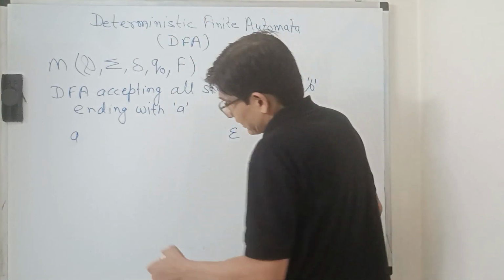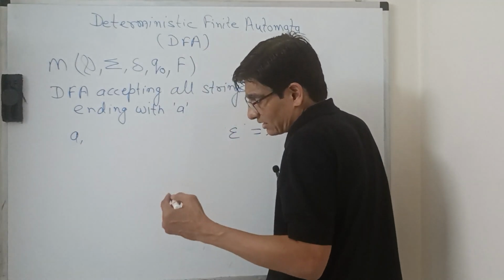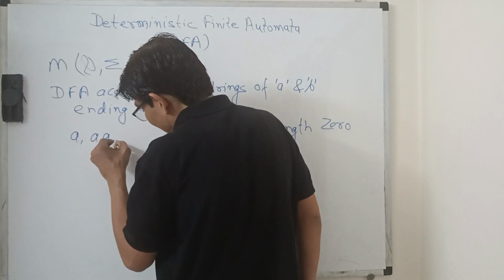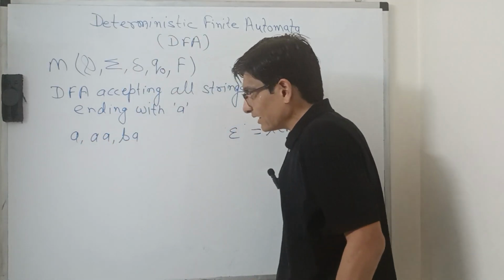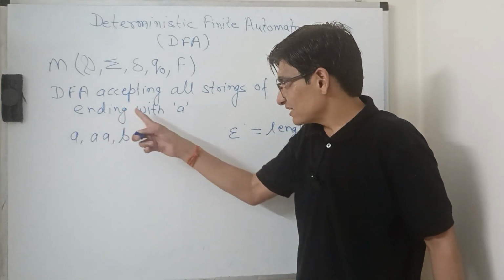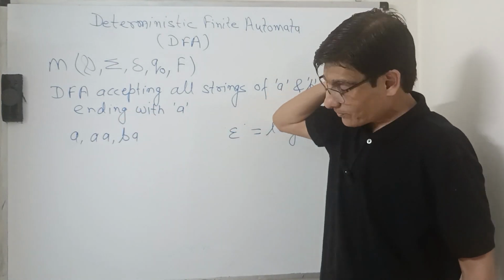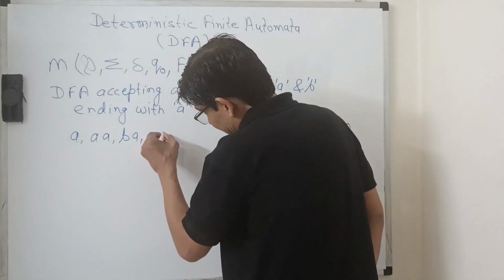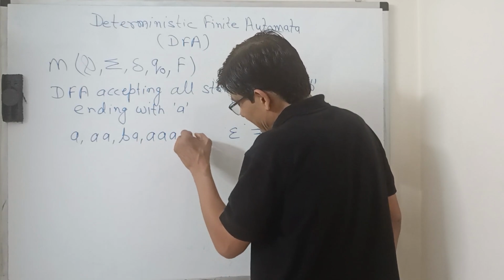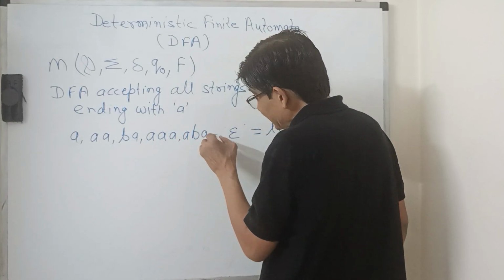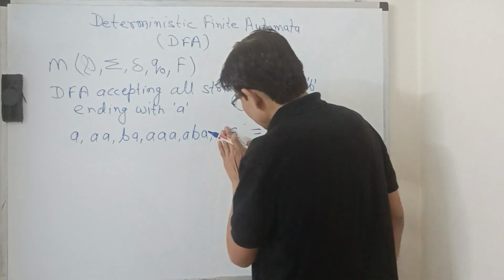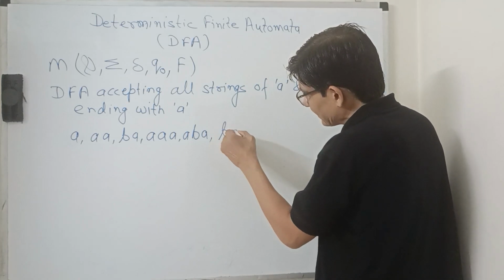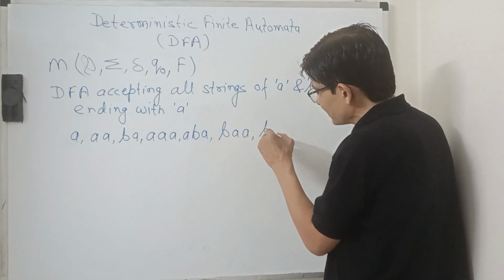Now, for strings with a length of 2, it may be aa and ba, because the condition is that the string must end with A. Now for length three there are four strings: aaa, aba, baa, and bba.